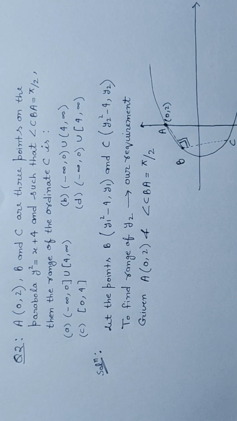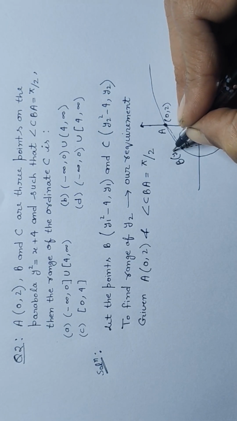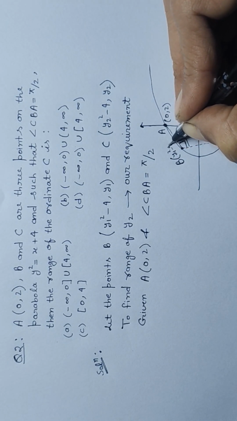The coordinate of the point C is (y2 square minus 4, y2), and the coordinates of the point B are (y1 square minus 4, y1).